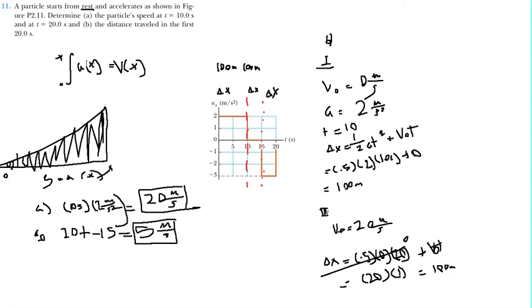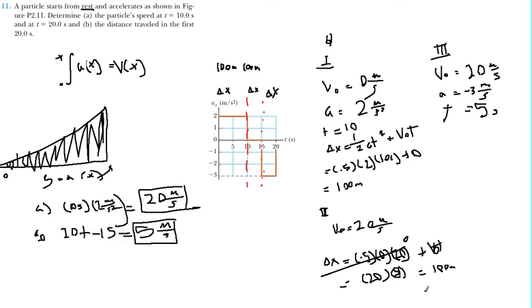Then, for number 3, the final part, we realize that we're going to have a negative acceleration and that our initial velocity is still going to be 20 meters per second, because in the second part there is no acceleration in our velocity. So v0 is going to be 20 meters per second. In this case, acceleration is going to be negative 3 meters per second squared, and t is going to be equal to 5 seconds.